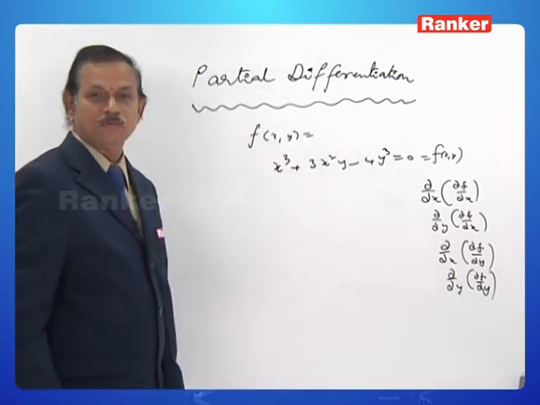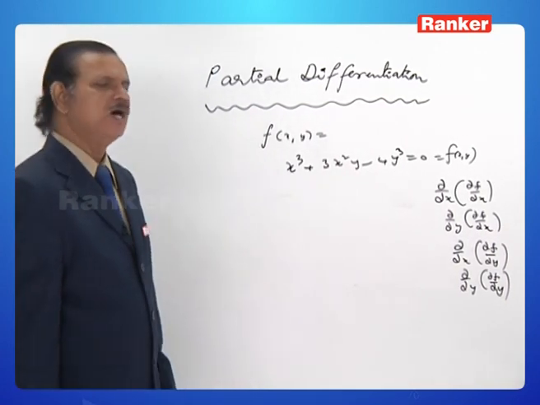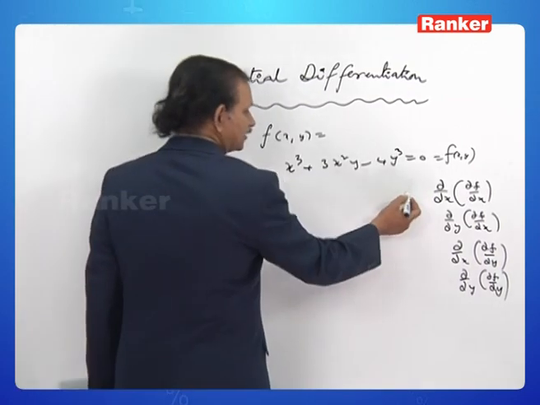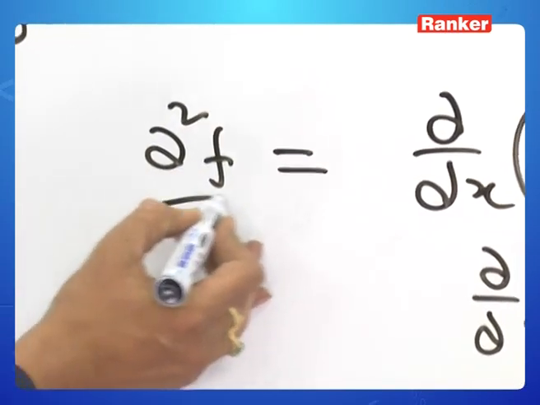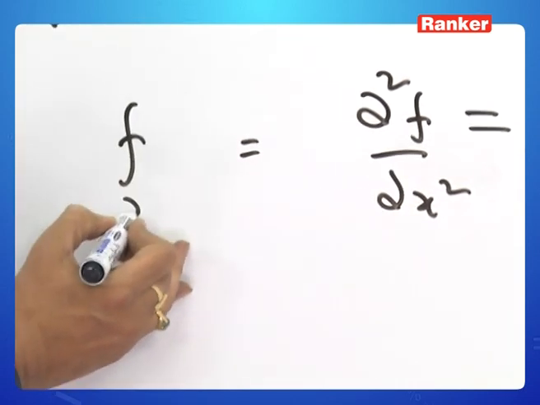First of all, know the symbolism to represent those partial derivatives, and later on we use them in numerical problems. This is also written as dou square f by dou x square or fxx.